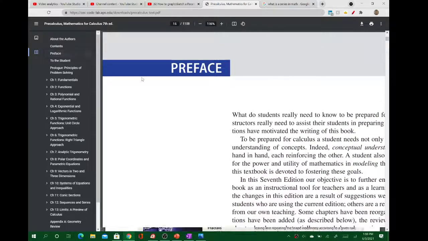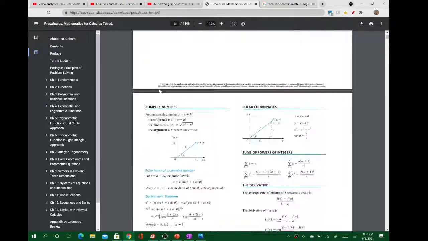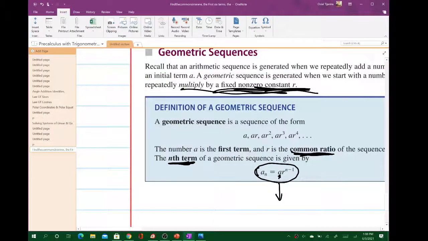Like I said, this is actually the book that I had when I was in Precalculus in college. It's Precalculus Mathematics for Calculus, 7th edition, and I will put a link in the description down below for the book in case you want to look at it. But yes, this is where I got this from.